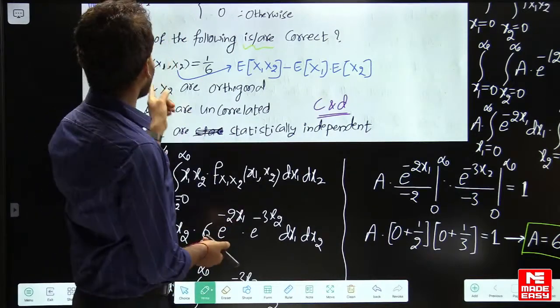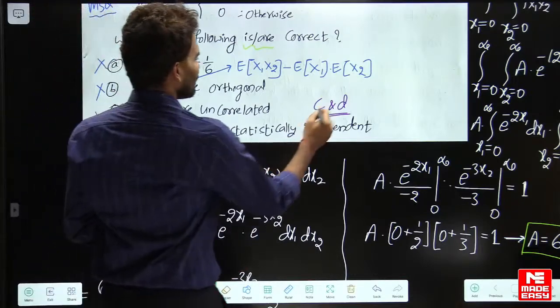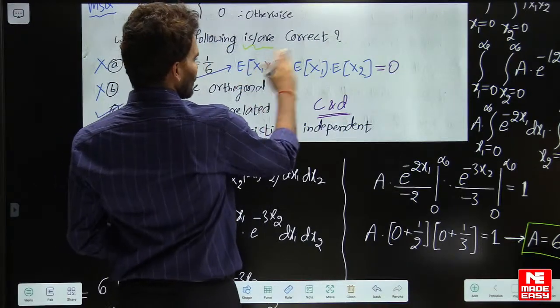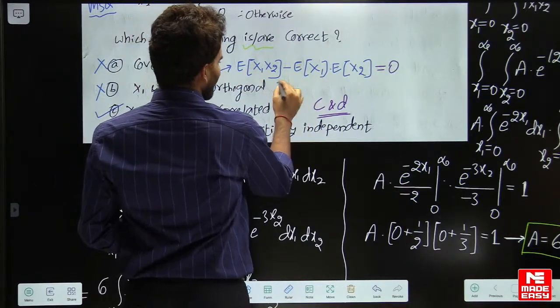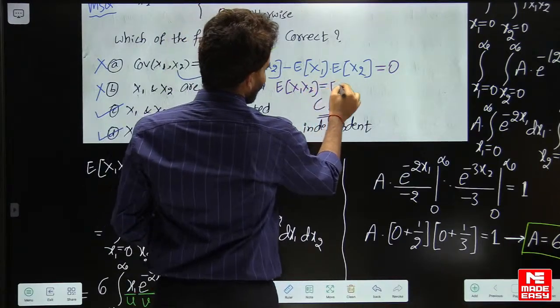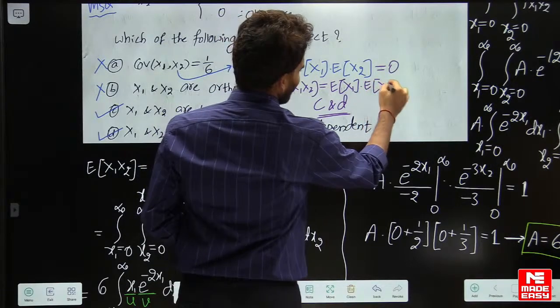If two random variables are uncorrelated, the covariance will be 0, so expectation of x1 x2 equals expectation of x1 into expectation of x2.